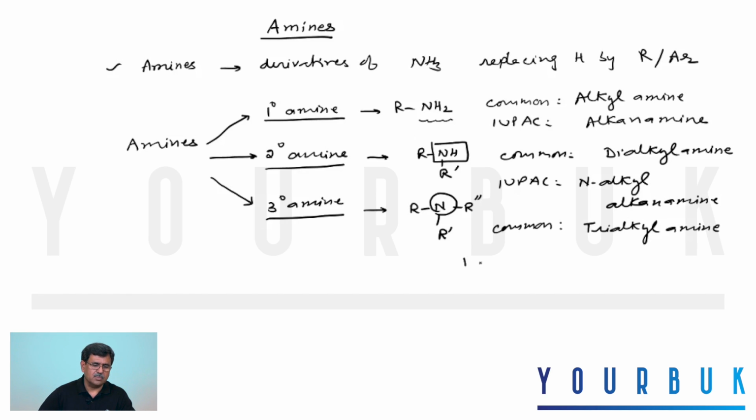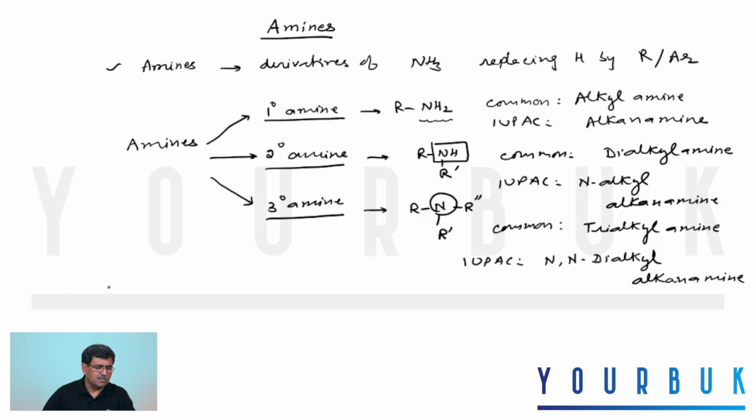Otherwise, in the IUPAC system they are named as N,N-dialkyl alkanamine if two alkyl groups are identical and one is different. If all three are different, then we write N-alkyl alkanamine.